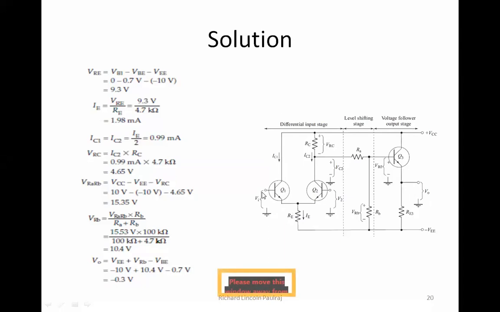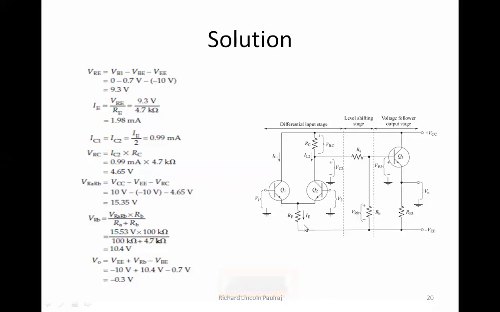VB1 is for the first transistor, the voltage across base 1, minus VBE, minus VEE, because this terminal is here, right? So minus VEE, and minus VB1 and minus VBE.